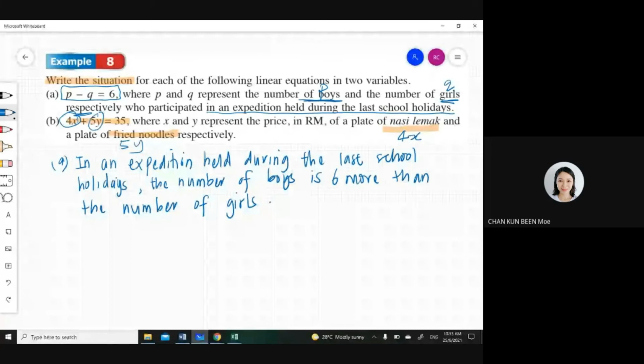So we can write down already the total price, because they are giving you the price of those 2 types, the nasi lemak and also the fried noodles. So we just write down the total.